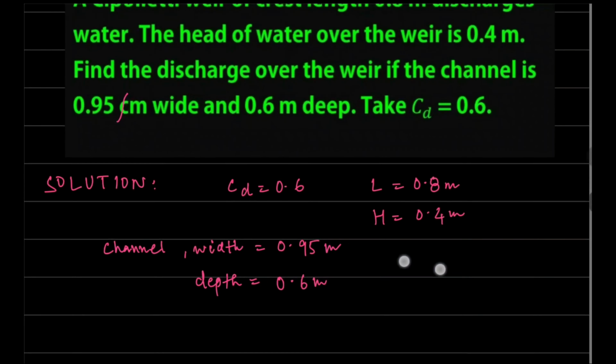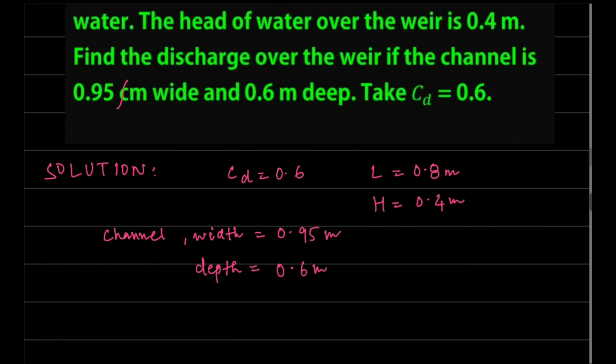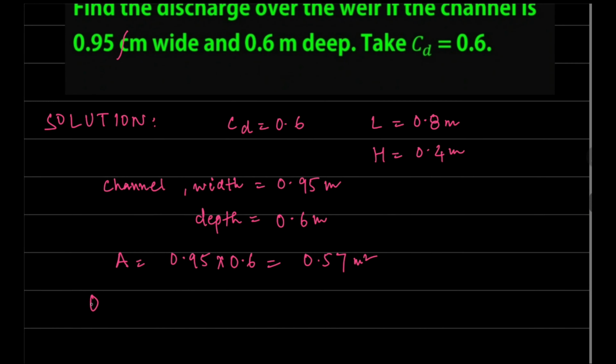Now, if we solve this problem, the area of cross section of the channel, that is A, can be written as 0.95 multiplied by 0.6. That comes out to be 0.57 meter square. Now, for the velocity of approach, we will first determine the discharge over the weir. So the Q value for this particular weir is 2 by 3 CD multiplied by L multiplied by under root 2g, H raised to the power 3 by 2.